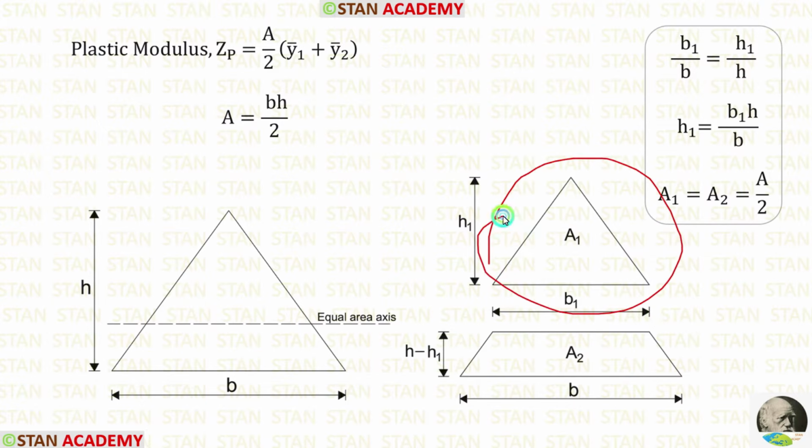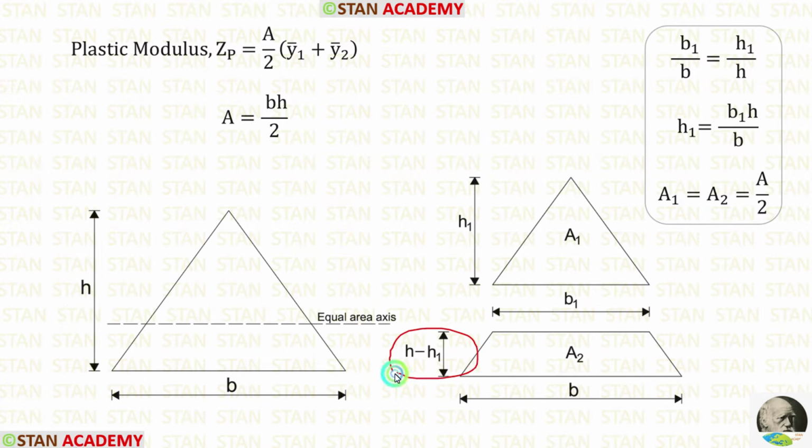In this triangle, let us keep the height as h1 and the breadth as b1. The total height is h, so here the height will be h minus h1. Here we have to calculate the values of h1, h minus h1 and b1.